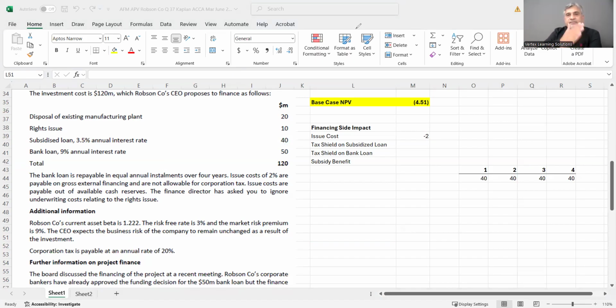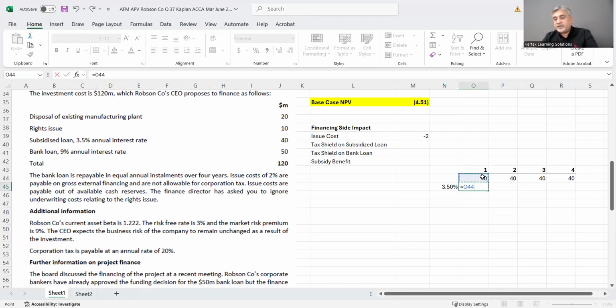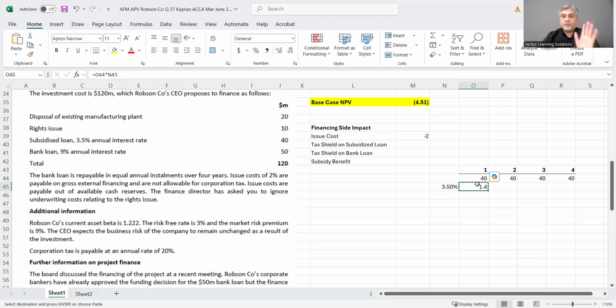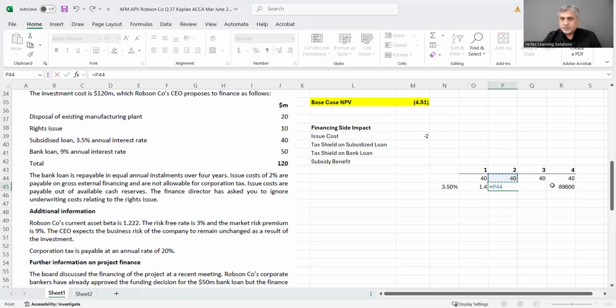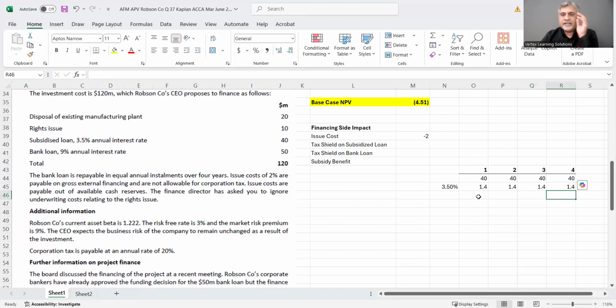So we say that from year 1, 2, 3, 4, our loan liability is 40 million and you have got 3.5% interest on that. So every year you will pay this amount of interest, right? 1.4 million interest. This continues for all 4 years, and because you are paying interest, you get the tax benefit.